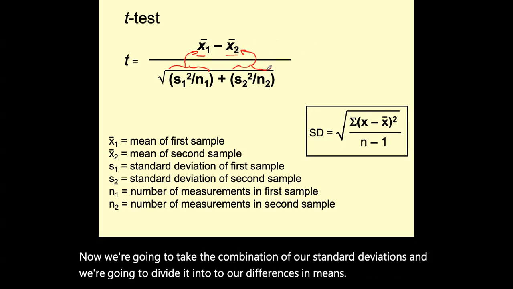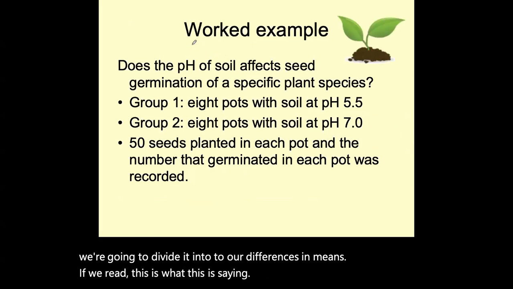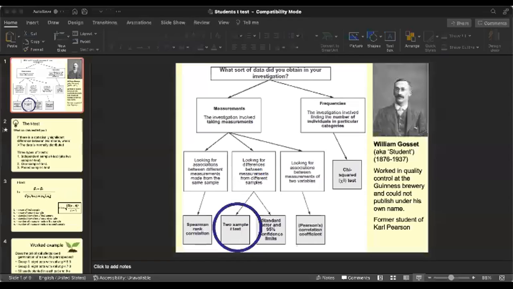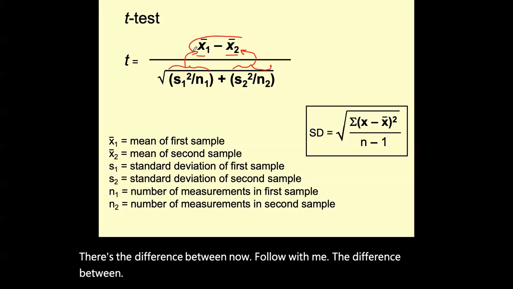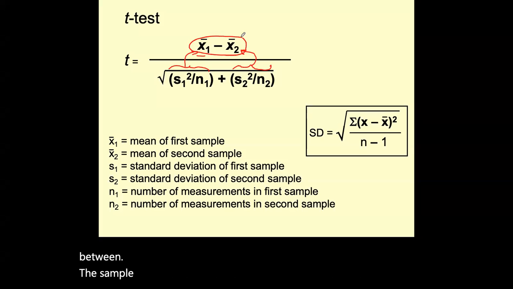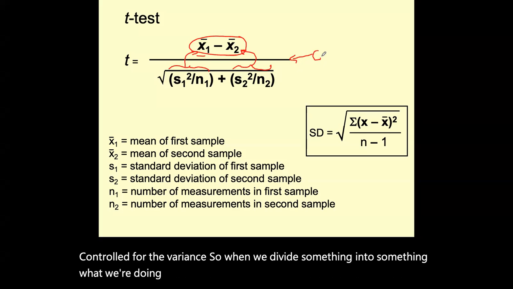Now, if we read this, this is what it's saying. Now follow with me: the difference between the sample means, controlled for the variance. When we divide something into something, what we're doing is controlling for that variance.